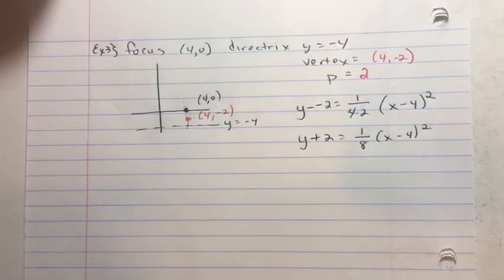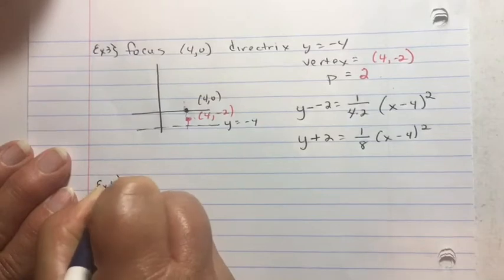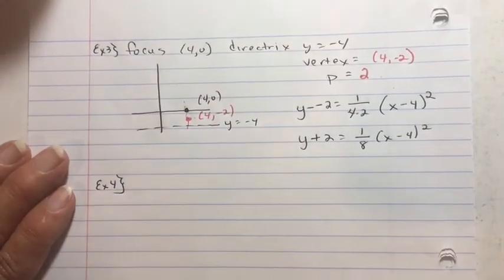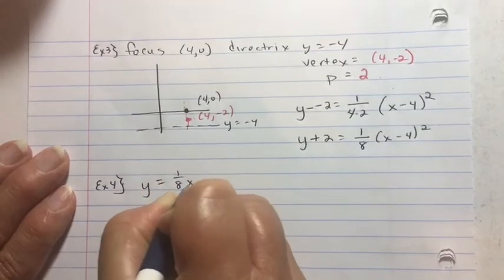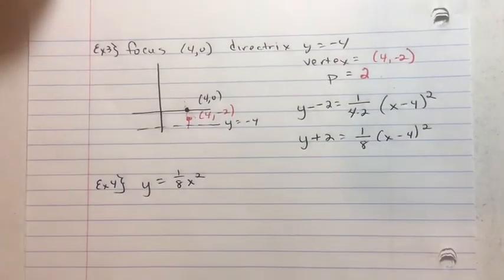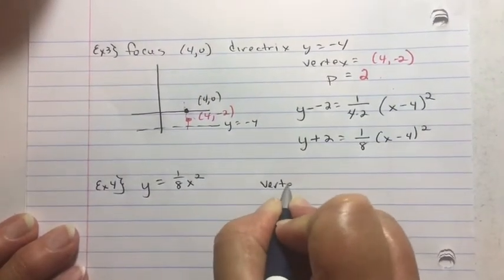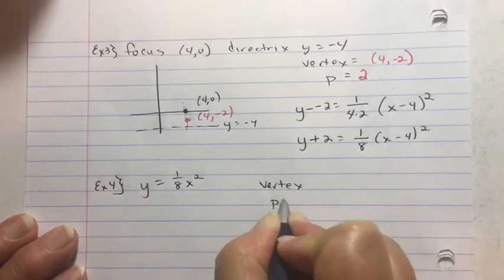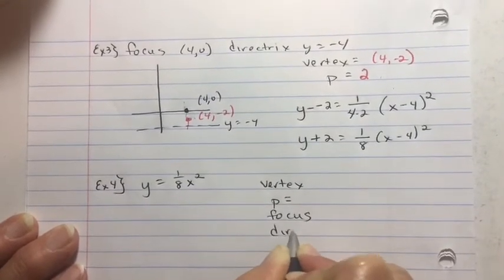Okay, now I'm going to change it up a little bit. I'm going to give you the equation, and from the equation, you need to find all the pieces. Let's start off with y equals 1/8 x squared. Your mission is to find the vertex, the p, the focus, and the directrix.